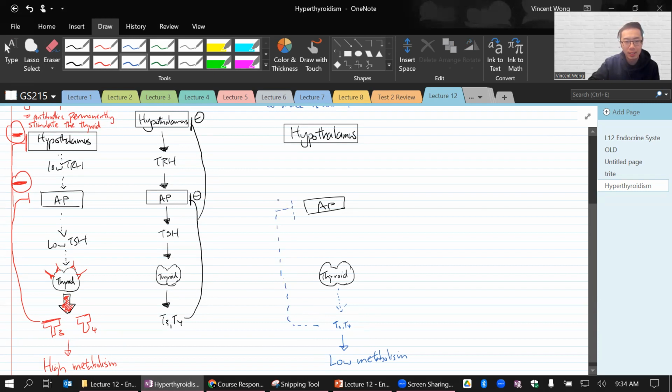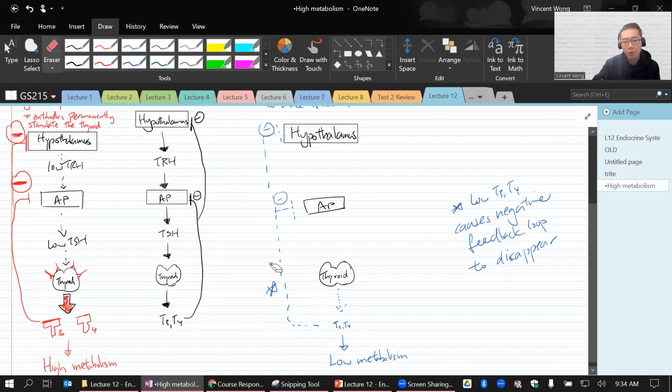So this negative feedback is not there. I put a star here: low T3, T4 causes the negative feedback loop to disappear.